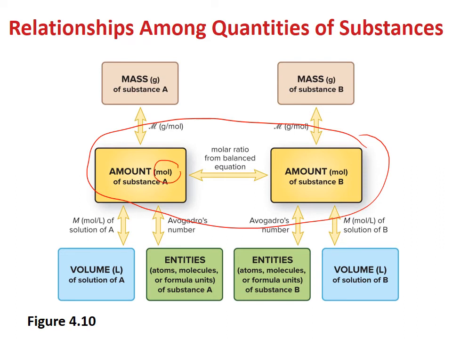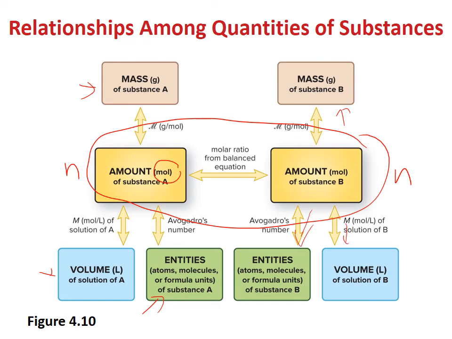So if given is the mass of the reactants or volume or number of entities, the first step you need is to convert them into moles of the reactants. And then using the balanced reaction equation, you can calculate the moles of the product. And from the moles of product, you can calculate the grams, the volume, or entities.